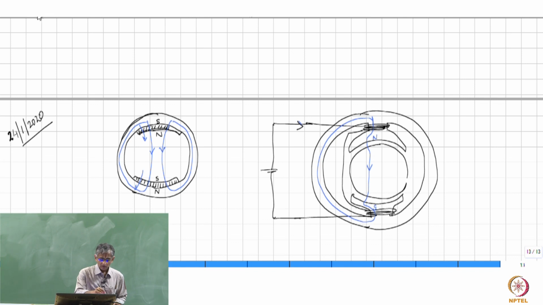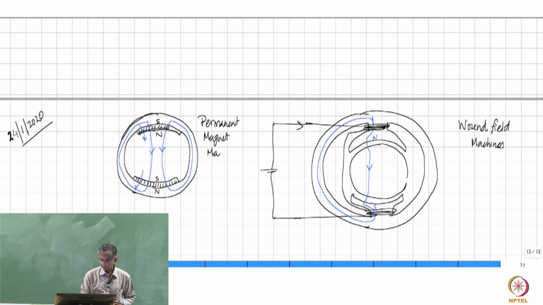These sorts of machines are called wound field machines, whereas these kinds of machines are known as permanent magnet machines. These are sometimes called PMDC machines.